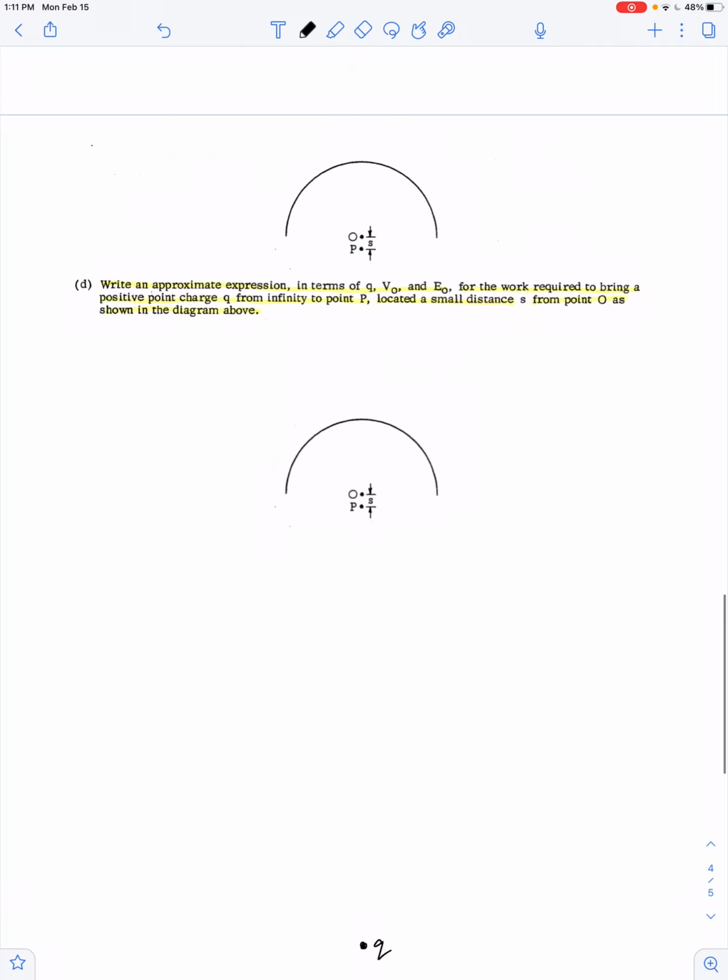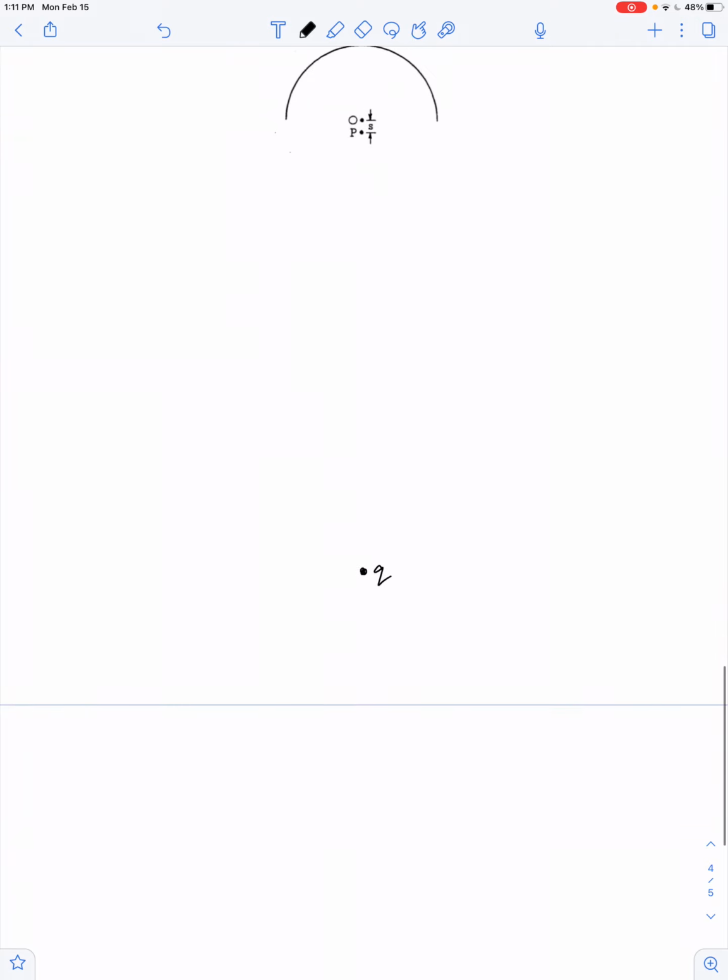Okay, so what we're told is we've got a charge that starts really far away, right? This charge Q is initially infinitely far away on the y-axis, and then we bring it here to point P.